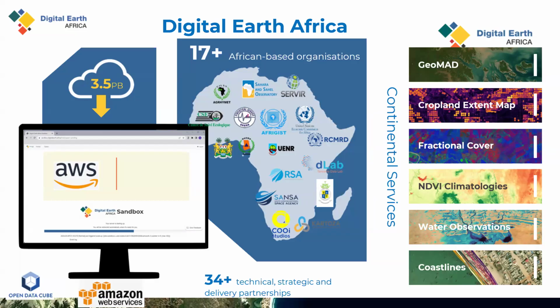All those datasets help us to understand the coverage and the conditions of croplands for the continent, and the water observations to understand the long-term water dynamics on the continent.